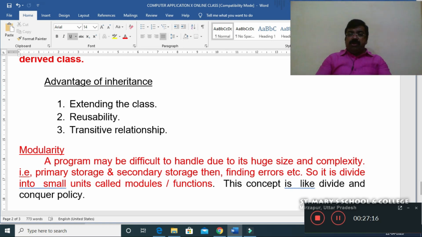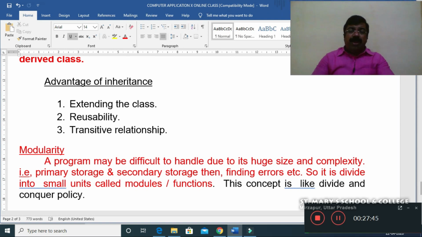Let's proceed to modularity. What is modularity? When we write a program, not these small programs we have written, we will have large programs in later sessions. It may be difficult to handle a large program. So the program is divided into small units, made as lightweight modules.